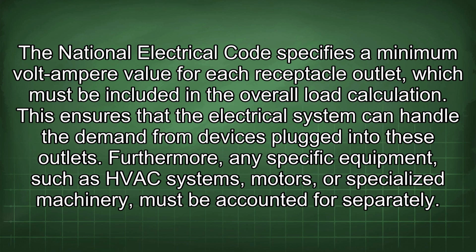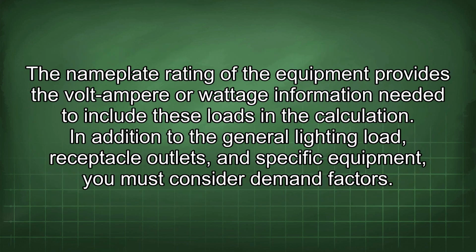This ensures that the electrical system can handle the demand from devices plugged into these outlets. Furthermore, any specific equipment, such as HVAC systems, motors, or specialized machinery, must be accounted for separately. The nameplate rating of the equipment provides the volt-ampere or wattage information needed to include these loads in the calculation.